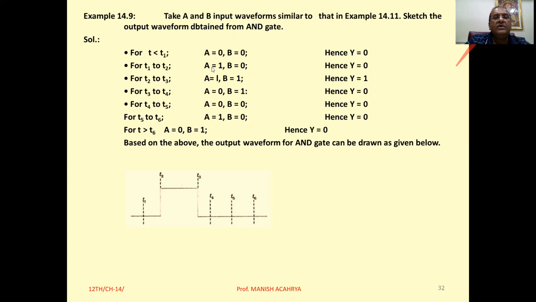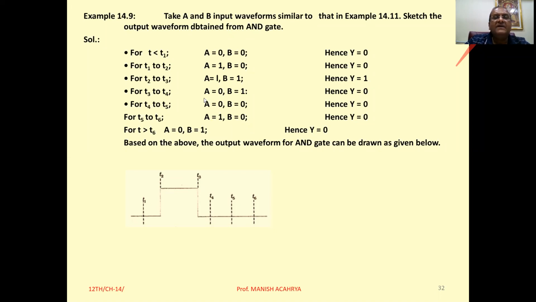Then T1 to T2, A is 1, B is 0. Obviously output is 0. So T1 to T2, see here, 0. Then T2 to T3, both A and B are 1, 1. So output is 1. So T2 to T3, output 1.